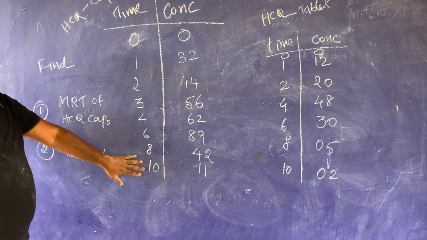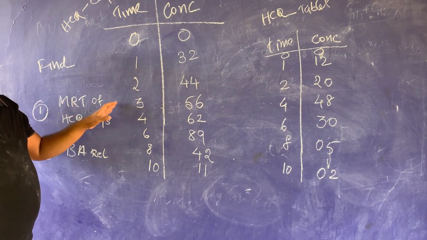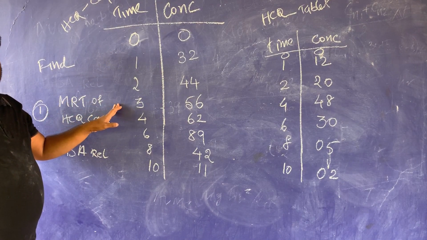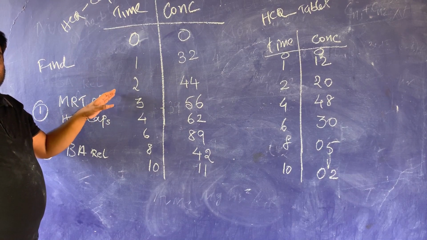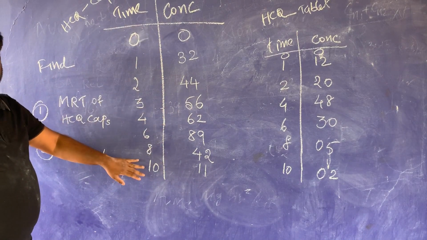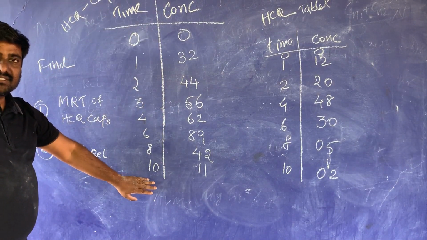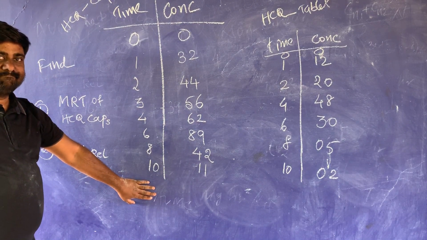For these values, you calculate AUC, AUMC and MRT. Then also report what is Cmax, Tmax, Ka and T half. The full set of pharmacokinetic parameters is to be checked for these values and submitted tonight.